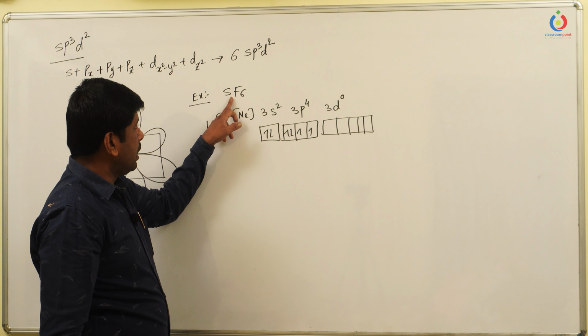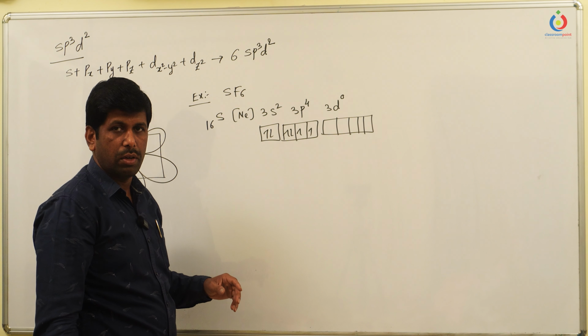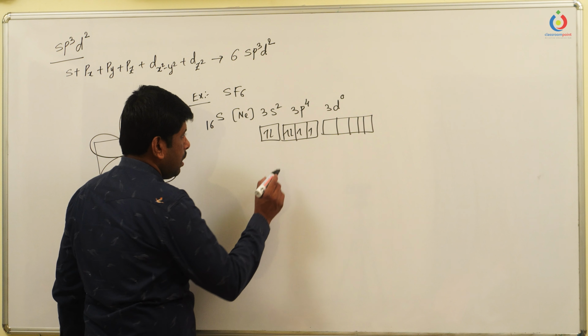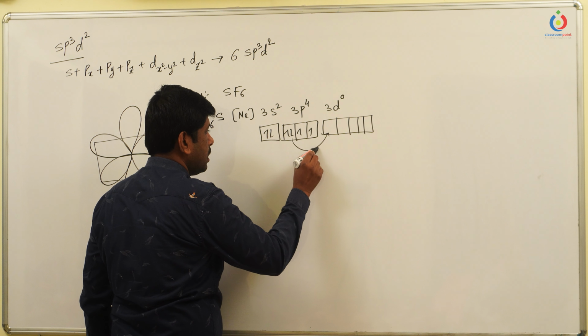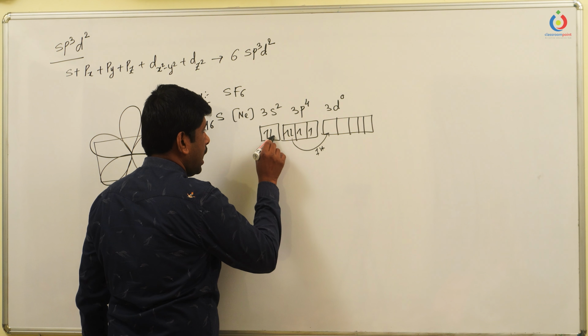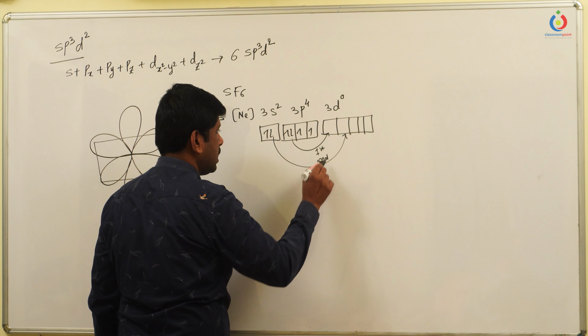But to get the six bonds, sulfur needs to create six unpaired electrons. That means when an electron jumps from the p orbital to the d orbital, it is called the first excited state. And when this electron also jumps to the d orbital, it is called the second excited state.